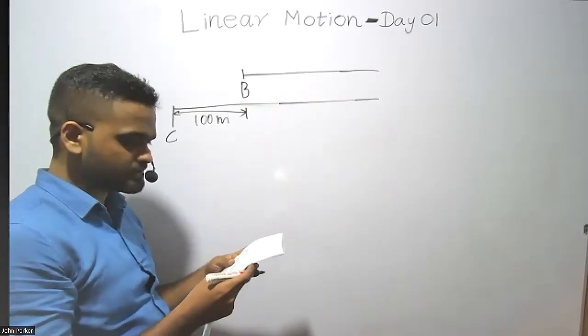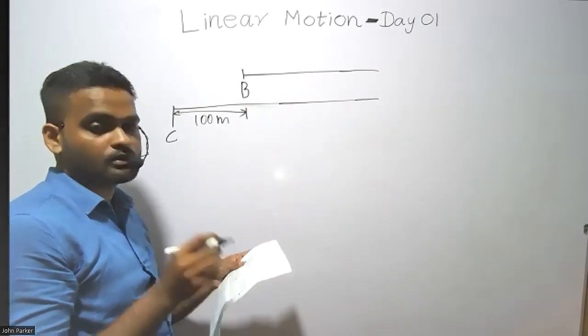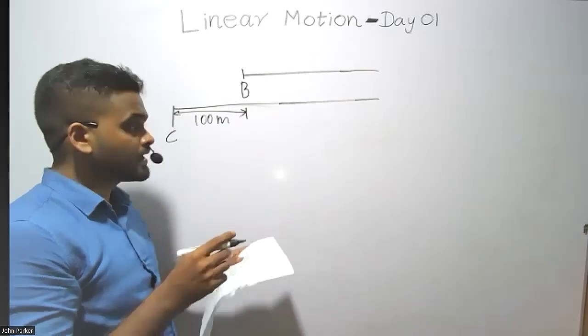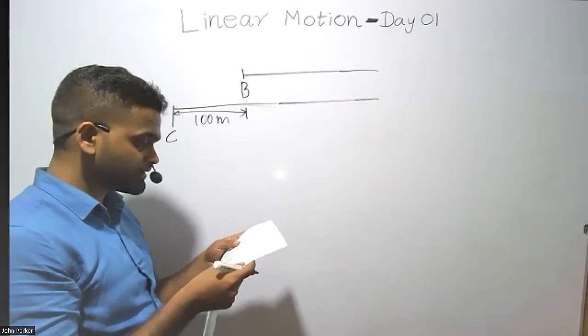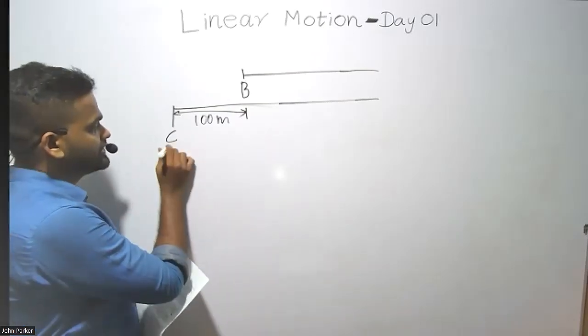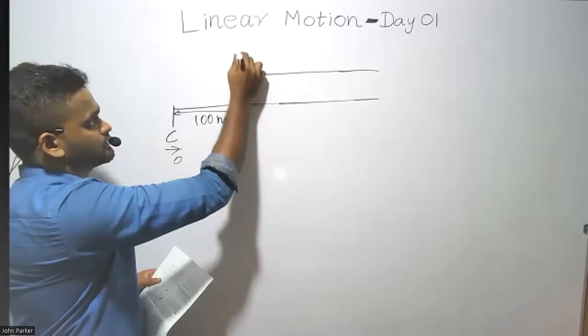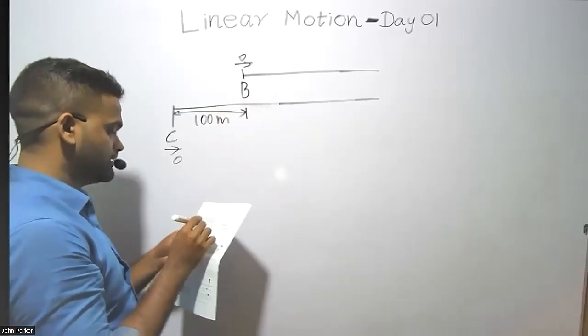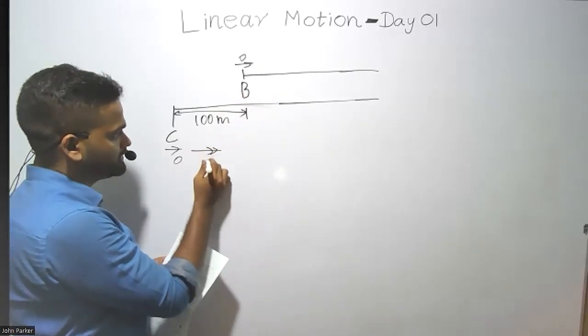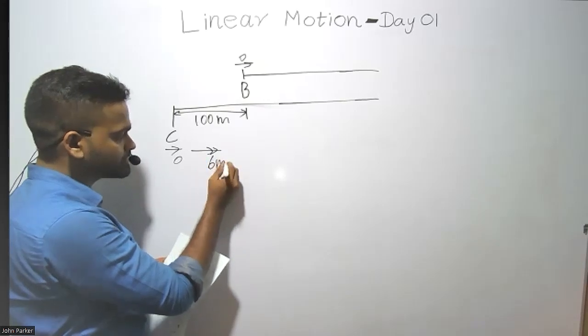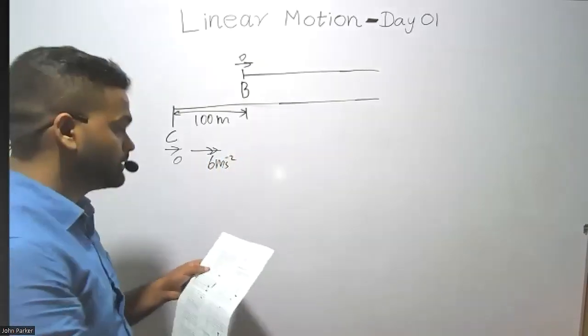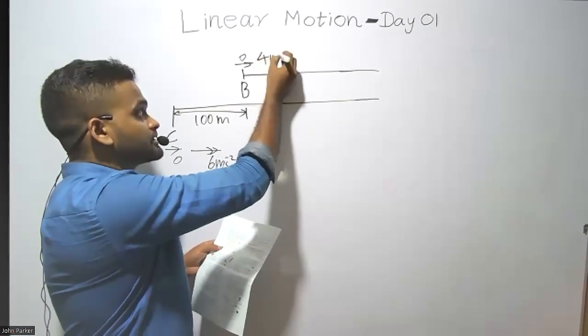Both have zero initial velocity, but their accelerations are different. The car has an acceleration of 6 meters per square second. The bus has 4 meters per square second.